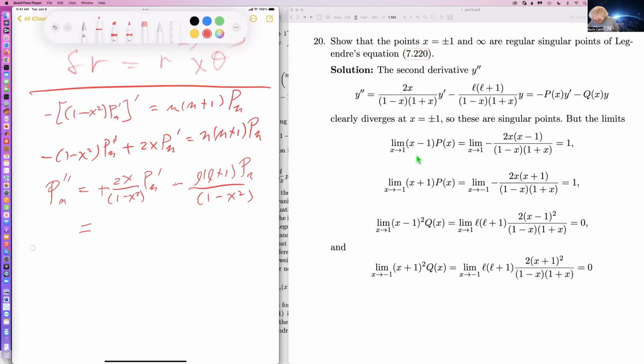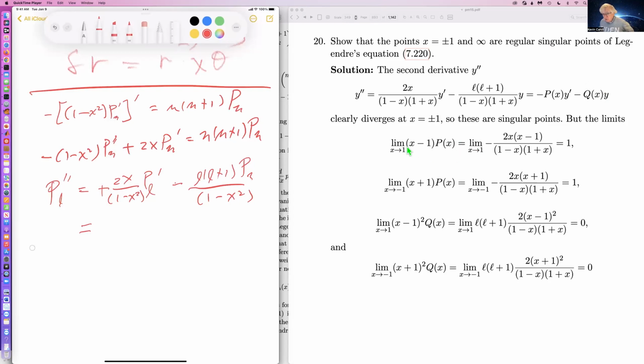Once again, I've got to change here to L. Unfortunately, I've used P in two different things.